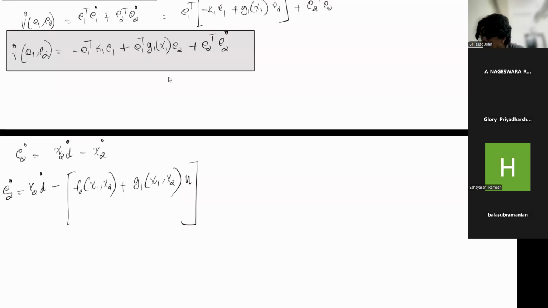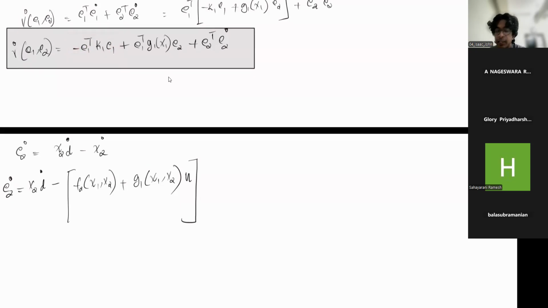You already have a term over here, this is actually a negative term. Even if E1 is negative, E1 squared becomes positive, but the negative sign over here makes this entire term negative. So whether E1 is positive or negative, this whole term is always going to be negative because of this negative sign.